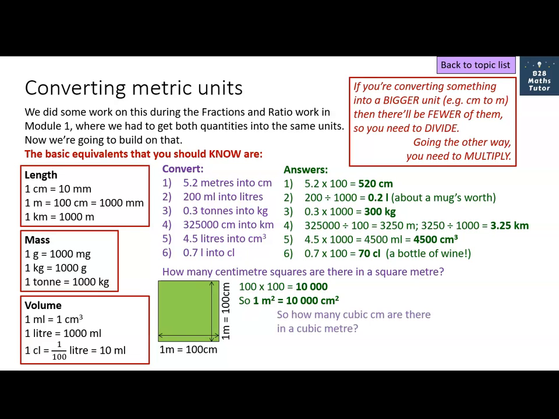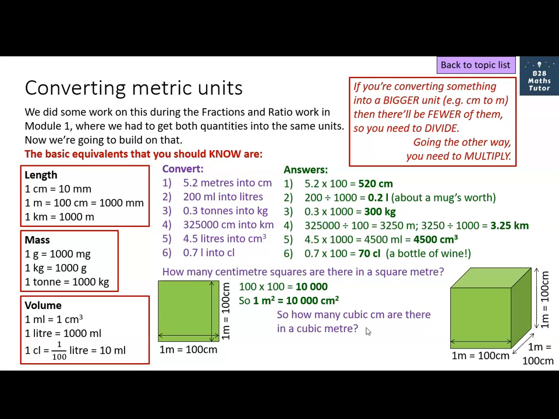So can you work out how many cubic centimetres, centimetres cubed, there are in a cubic metre? Do the same thing again, but this time it's in 3 dimensions. Think about it for a moment. So we've got a metre or 100 centimetres here, a metre here, which is another 100 centimetres, and a metre here, which is another 100 centimetres.